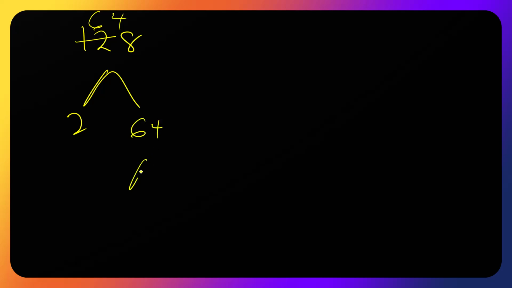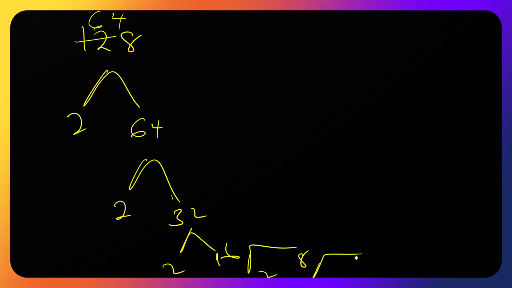Let's look at 128. 2, 4, 8, 16, 32, 64, 128. Counting the 2s: 1, 2, 3, 4, 5, 6, 7. It means 128 is the same as 2 to the power of 7.